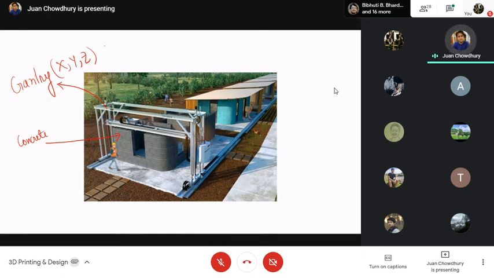If you have visited any railway industry or a large heavy industry, you would always see a gantry on the top roof rail, which is used to carry different heavy equipment from one place of the factory or the shop floor to another. Now, the same technology is being used to move this concrete extruder that is being fed to build this house in an automated fashion.